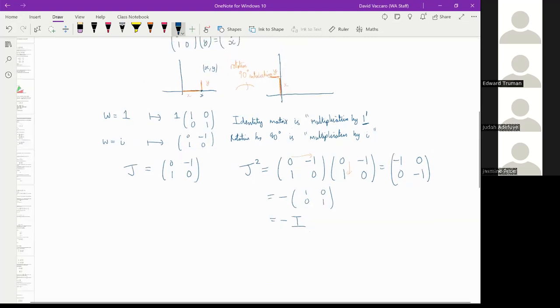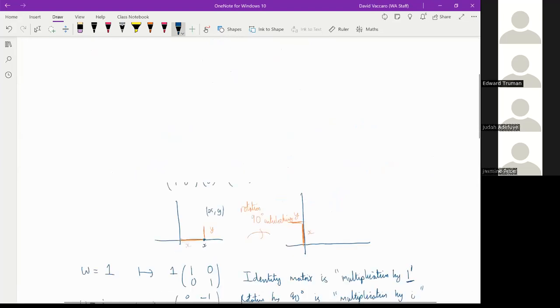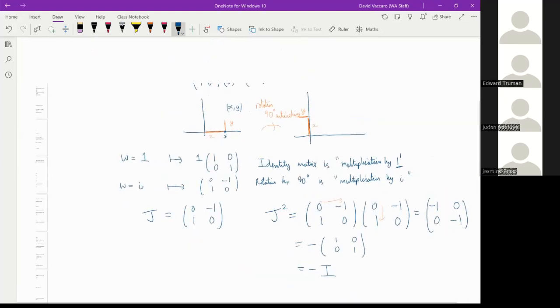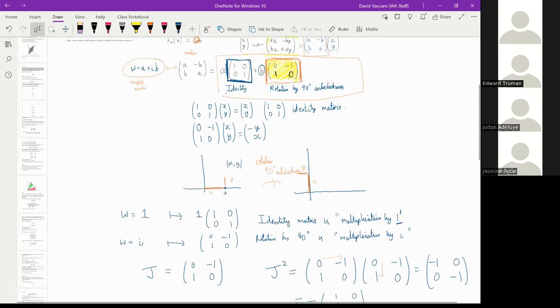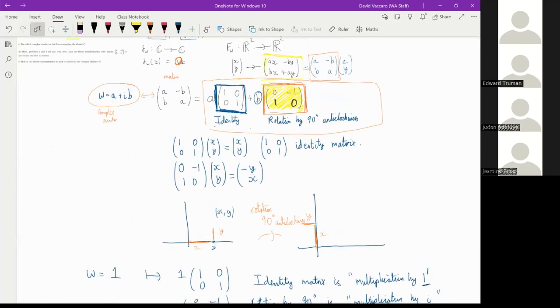Okay, and so that now makes sense of this decomposition, that a complex number is like a times the identity matrix. So that's like being a times 1 plus b times this matrix here, 0, negative 1, 1, 0, which is the square root of negative 1.